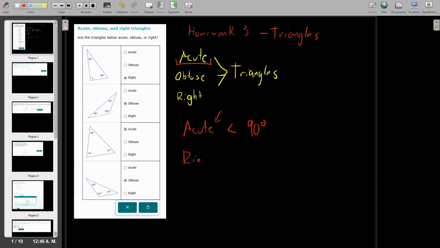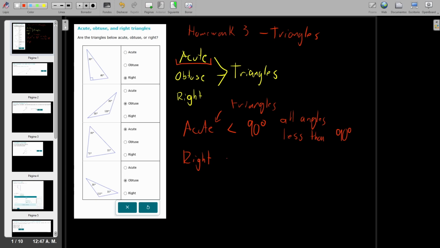A right angle. Well, in this case, it's not angles, it is triangles. If the triangle has all angles less than 90 degrees, it means that it is an acute triangle.